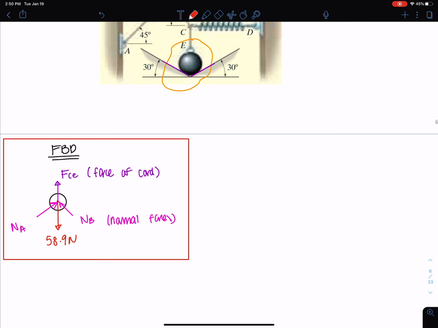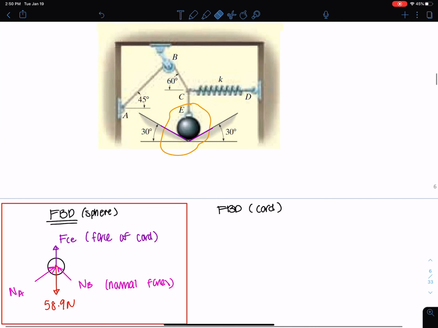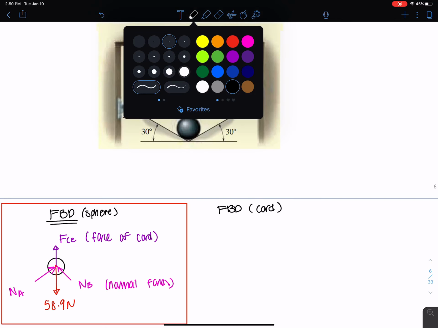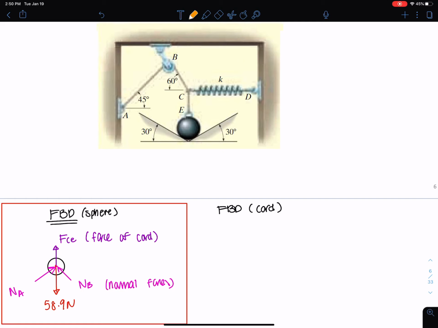Okay, our next free body diagram, so I should probably put here sphere. Our next FBD we're asked to draw is that of the chord. So I'm going to come back to this picture here. I'm going to erase what I had drawn, and I'm going to draw the chord here. This is a break in the chord, this is a break in the chord. So really I just have this system here.